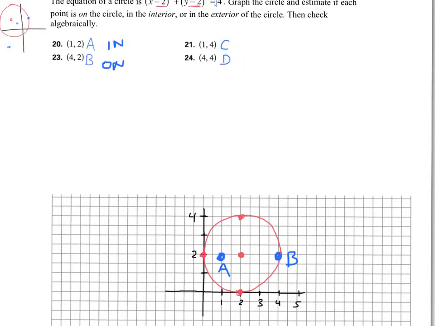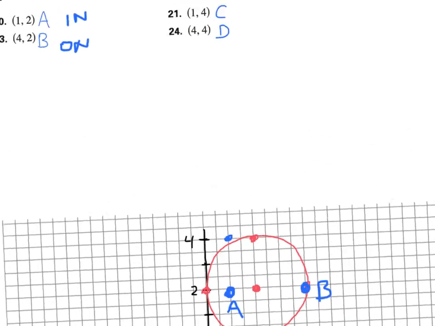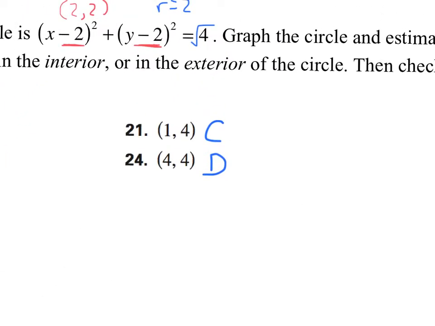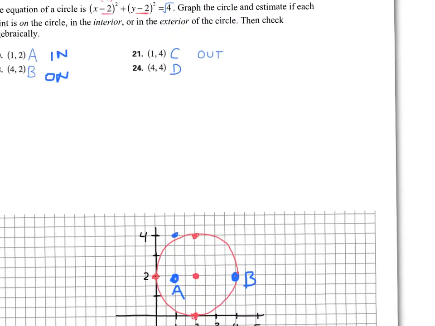Next, 1, 4 is right here. Oh my, that's close. It looks like it's out. And again, probably too tough to tell, especially if my diagram is not the best. So here I'm going to say outside, but kind of a question mark because I might have drawn poorly. And lastly, 4, 4.